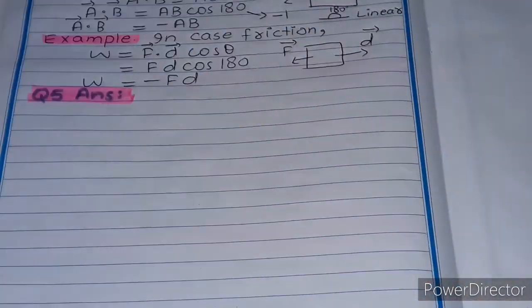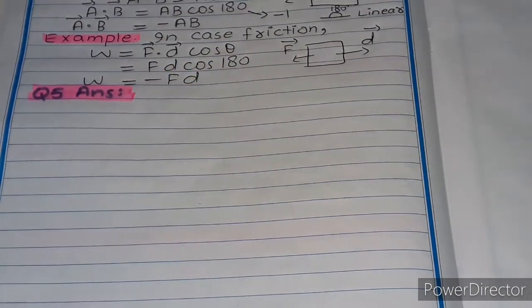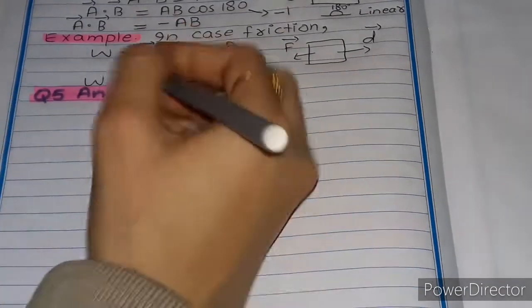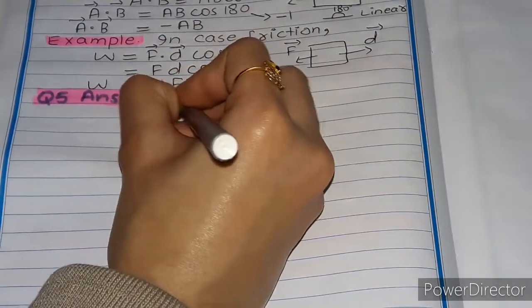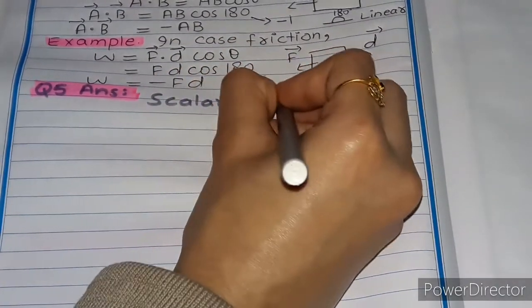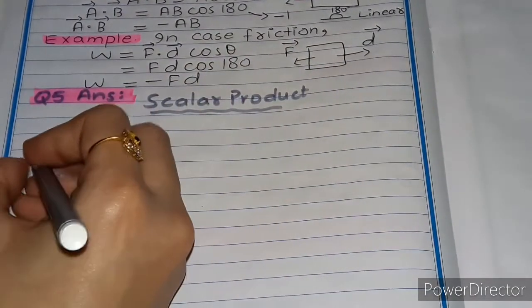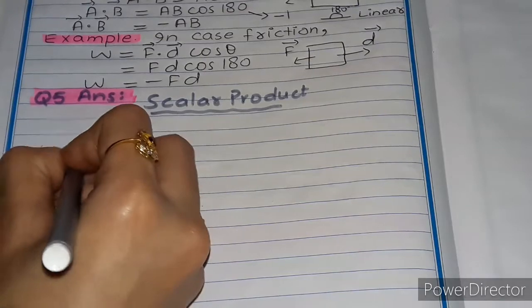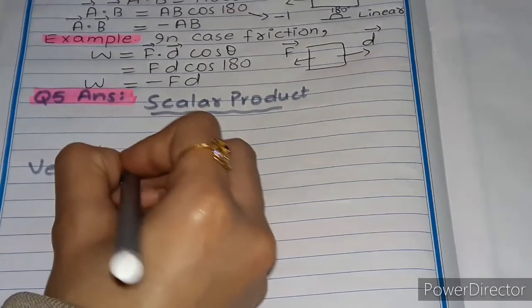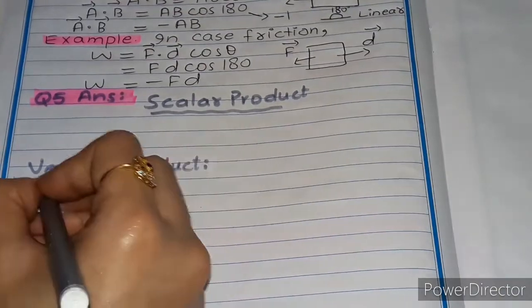Non-zero, they are not zero, so scalar product can be zero. And we have to find the vector product. How is it zero?